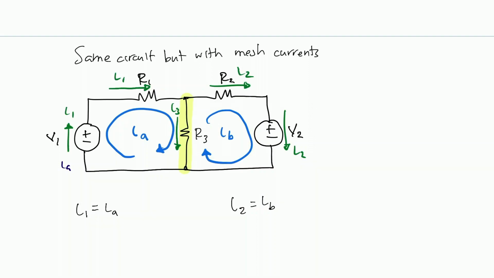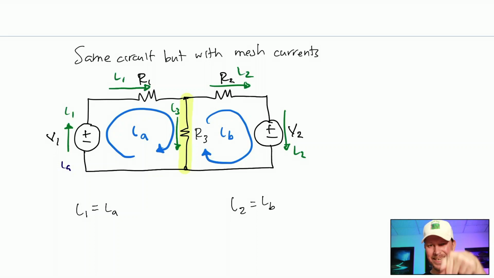Notice that I3, which is a branch current, is flowing downward through R3. We have IA flowing in the same direction as I3, IB flowing upward in the opposite direction. So according to superposition, I can say that I3 is equal to IA minus IB, right?